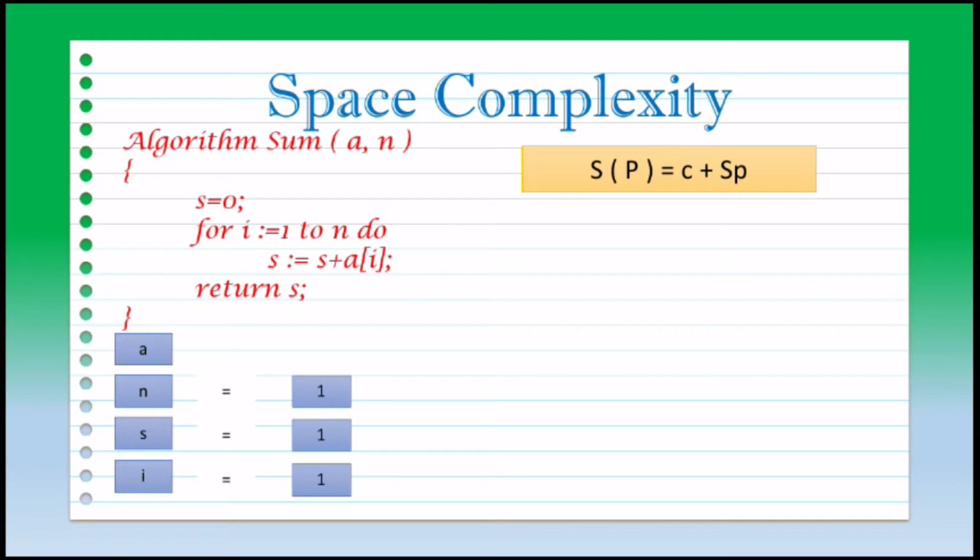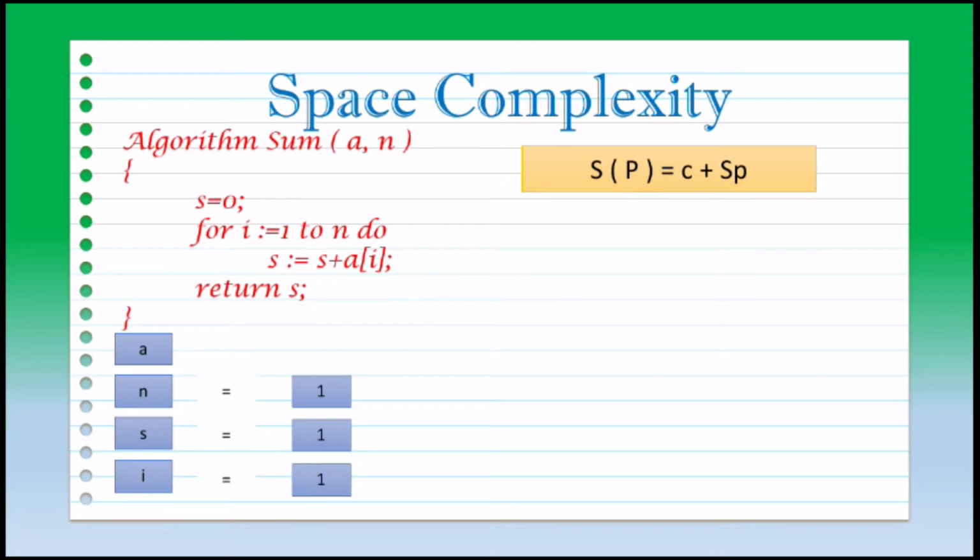Next, there is another variable A which is an array, and this variable's size depends on the input value. That means depending on the value of n, the size of A may change.